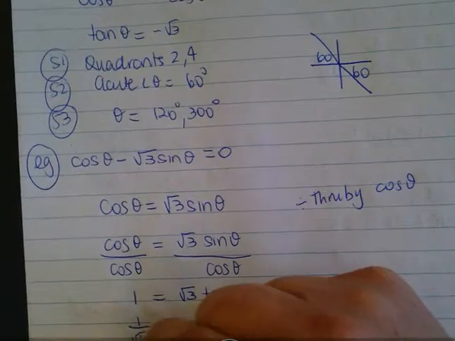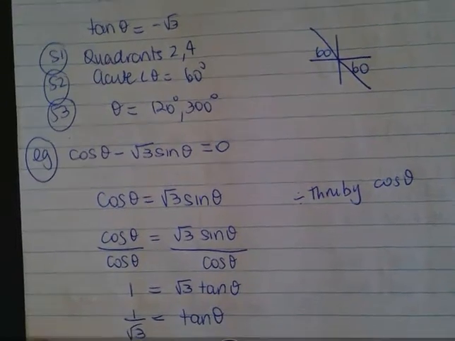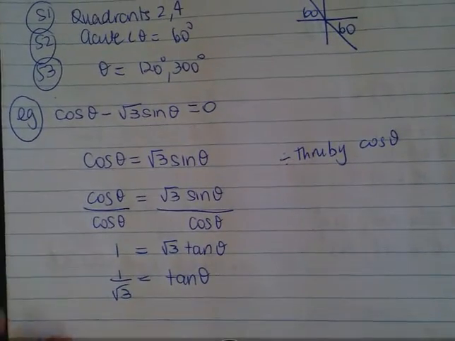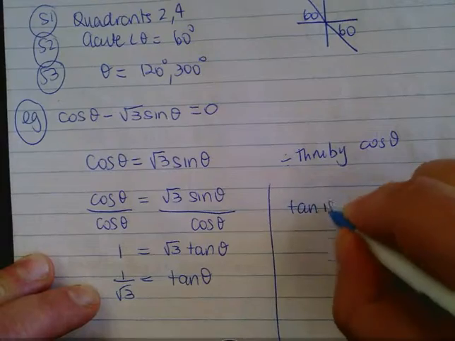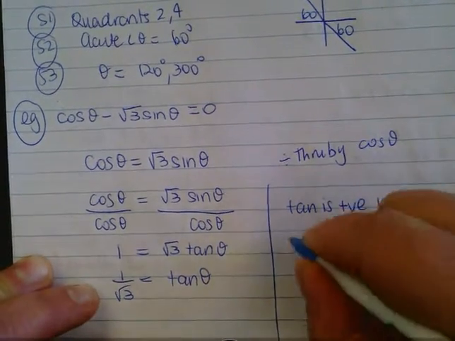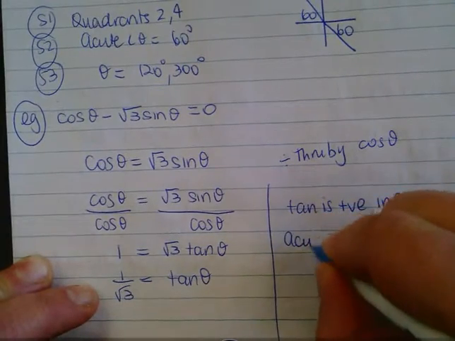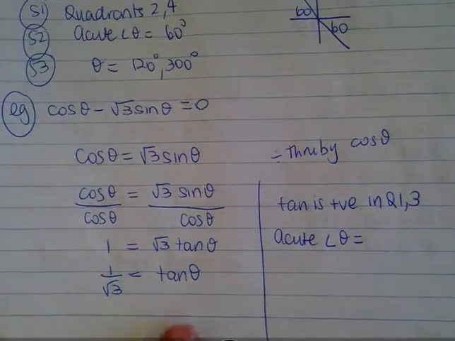So I get 1 on root 3 is tan theta. Are we okay with that? And now you know which quadrants you're in. What's your acute angle? So girls, are we okay with that?